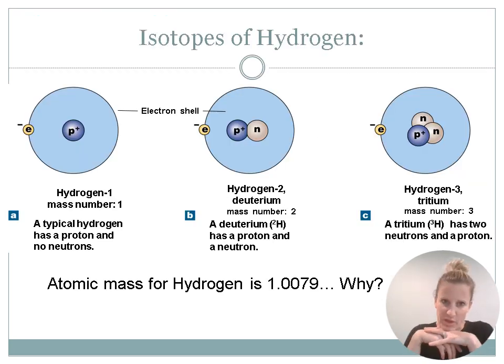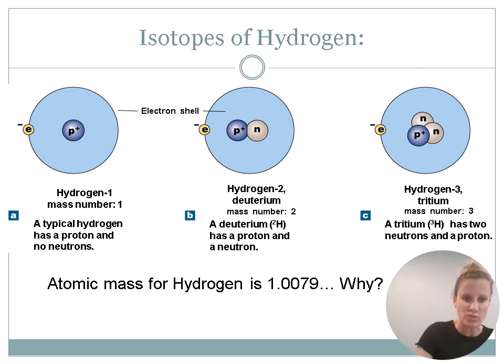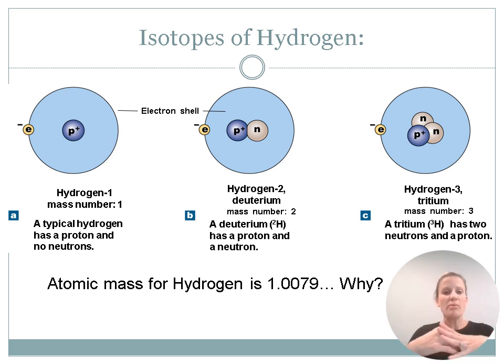So here I'm just showing you the different isotopes of hydrogen, or again, I could say the different versions of hydrogen. This first picture is showing us most hydrogen. This is what hydrogen typically looks like. It's hydrogen 1. Its mass number is 1, meaning it weighs 1 mass unit. Remember, hydrogen is atomic number 1, so that tells us it has 1 proton, and that's not going to change.